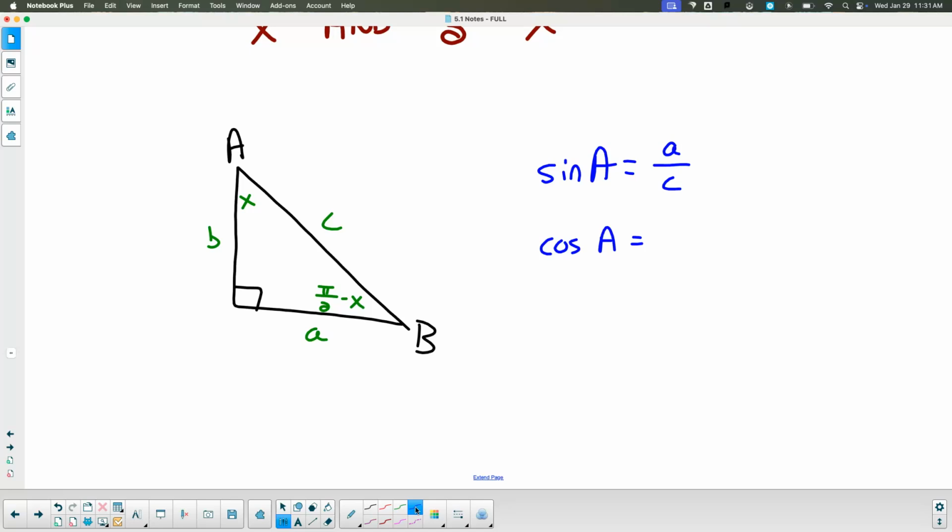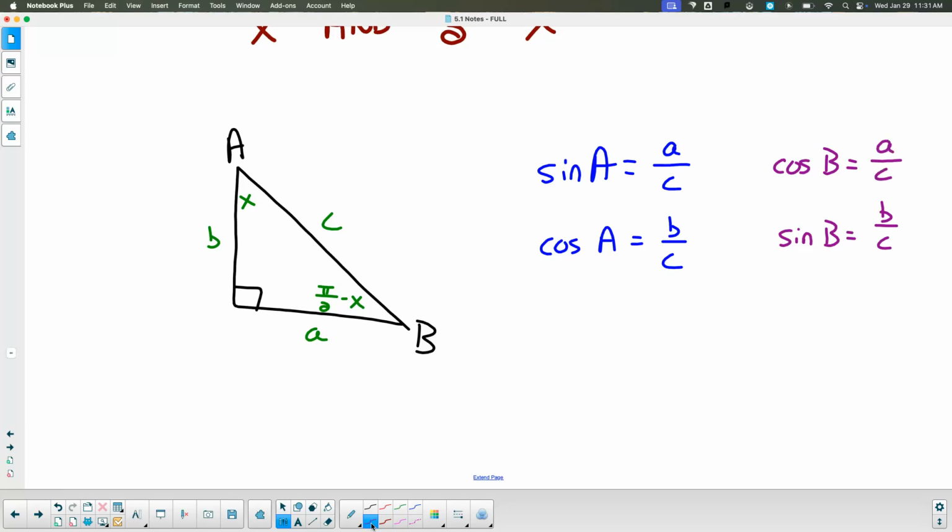B over C, right? Okay. What is the sine of angle B? B over C, right? What is the cosine of angle B?